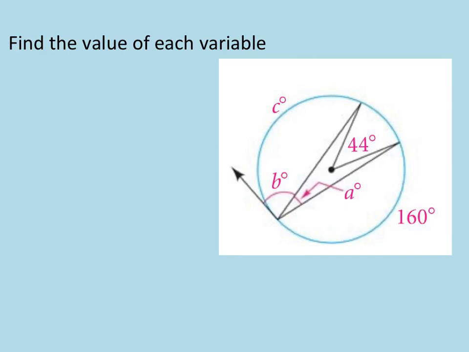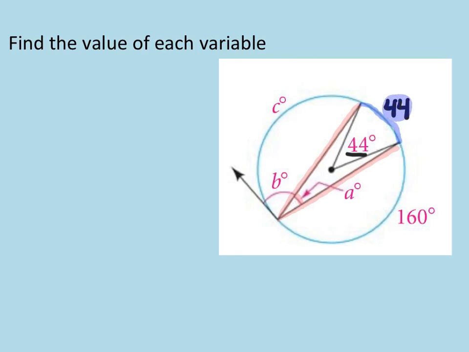So in this example, we have an arc that is 160. We have an angle or a central angle that is 44 as given, which means that the arc measure is 44. So if I wanted to find the value of A, we can use the fact that this is an inscribed angle, A, and the intercepted arc is that 44.